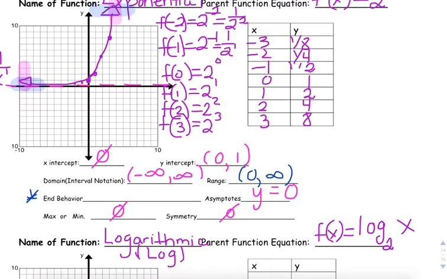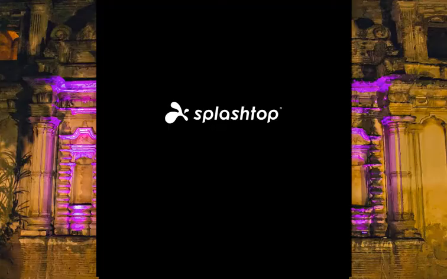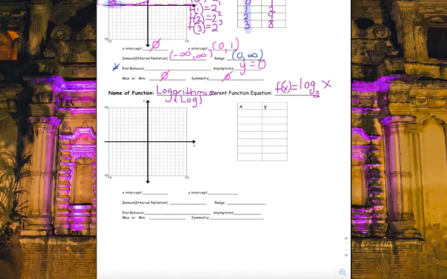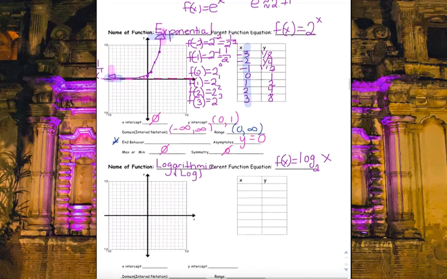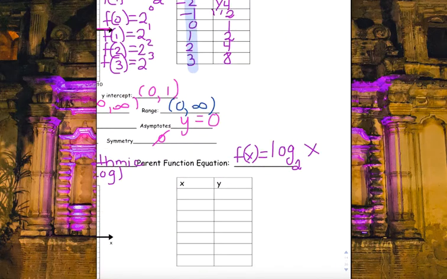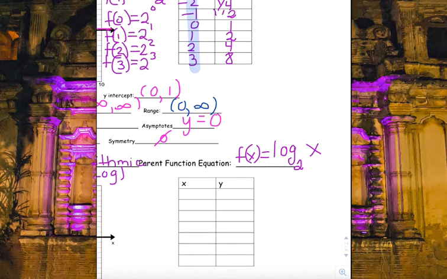In fact, that is the only way to graph a log, by taking the exponential, for example, taking the x values of the same base and turning it into our y values. So in other words, I will literally copy down every single x value from above, but into my y column.